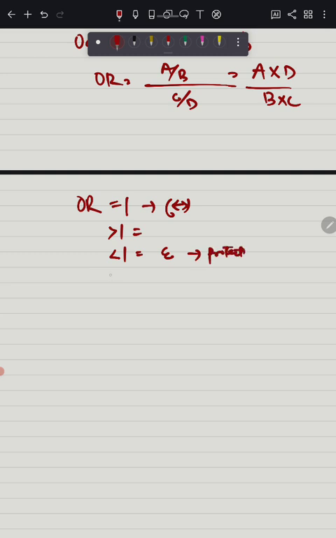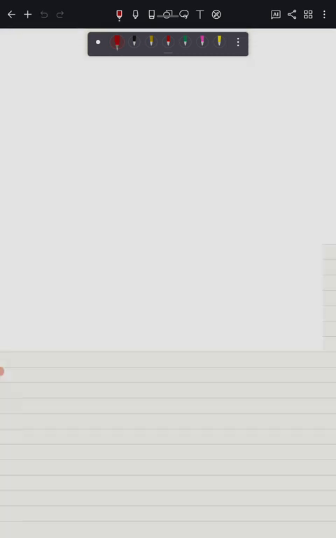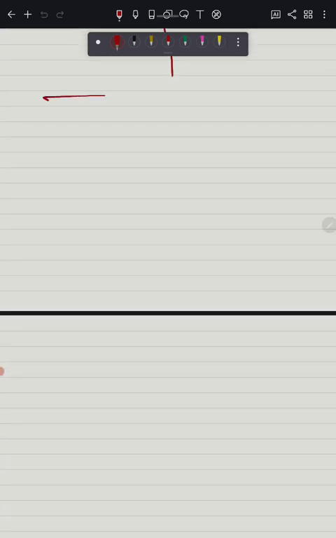So these are relative risk and odds ratio. Relative risk is used in cohort studies and clinical trials, whereas odds ratio is used in case control studies. When relative risk cannot be directly calculated, in that case we calculate it with the odds ratio. What is the difference between these two? If we make a table: relative risk versus odds ratio.